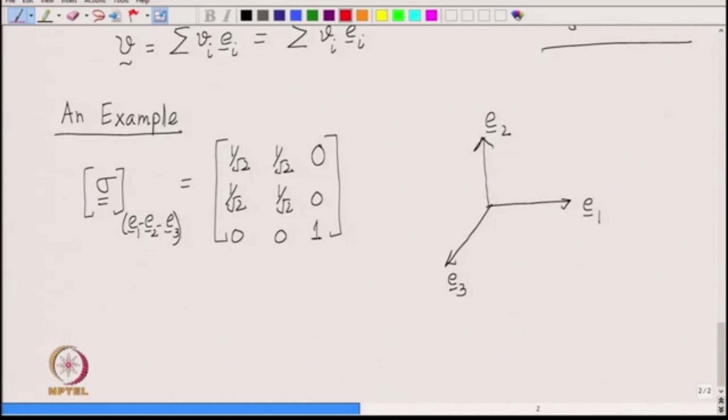So, that means E1 hat is going to be somewhere here, E1 hat, then this is E2 hat, and E3 hat is same as E3. Okay. So, this is same as E3 and the rotation is by 45 degree. So, you have to rotate about E3 axis by 45 degree to get the new triad.